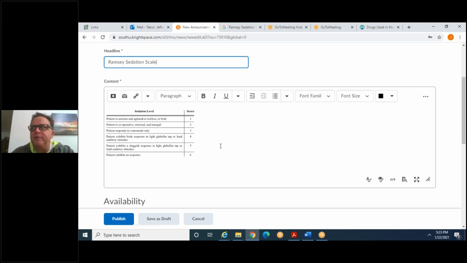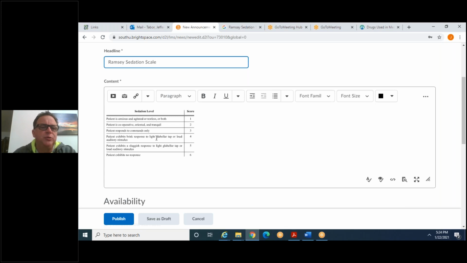Whenever a physician orders a Ramsey sedation level, you can objectively look at what the score is and what the patient would be experiencing at that level of sedation. For example, you may have a physician order to sedate the patient to a Ramsey of 3.